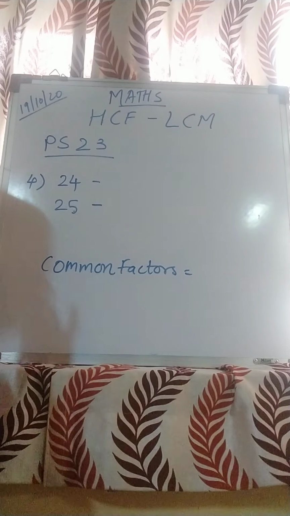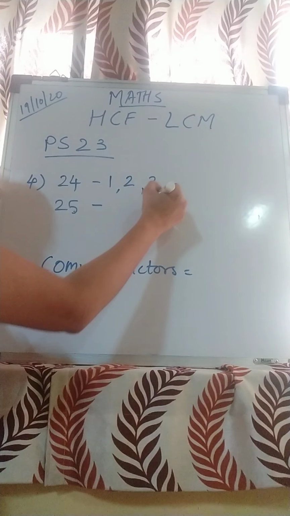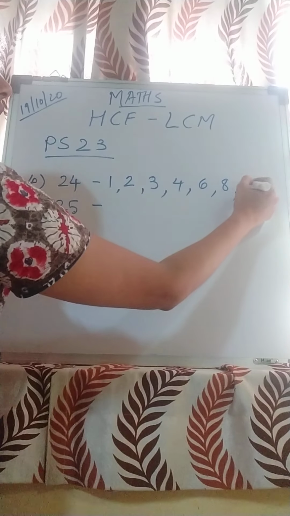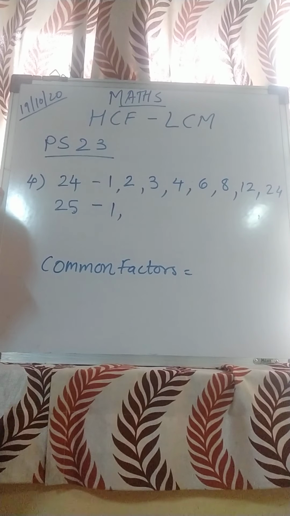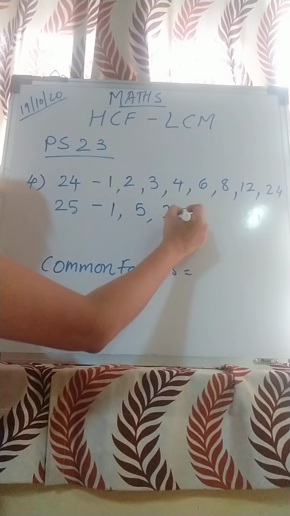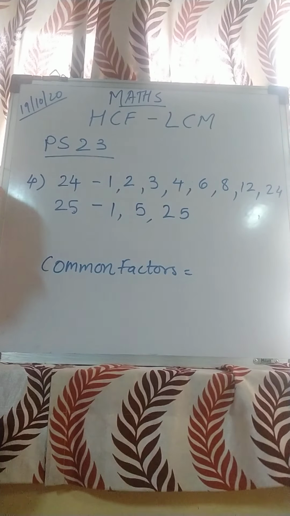Now see, for 24: 1, then 2, 3, 4, 6, 8, 12 and 24. In 25: 1, 2 not possible, 3 not possible, 4 not possible, directly 5, then 25. Now in these two, which number is common? Only 1.